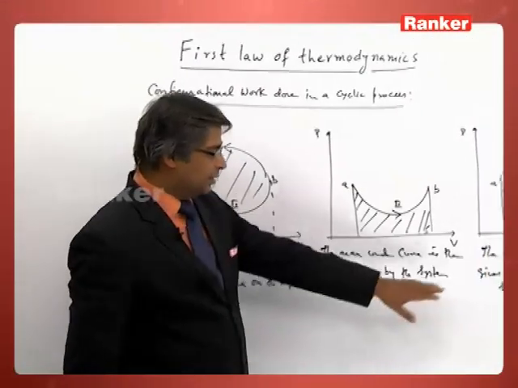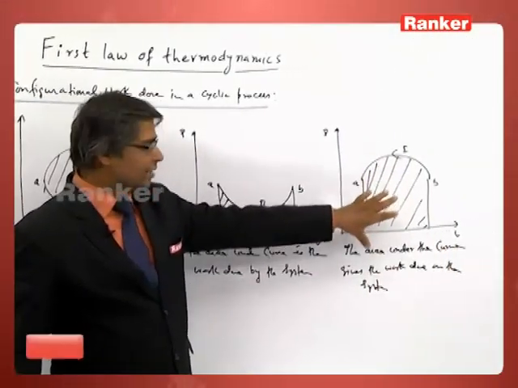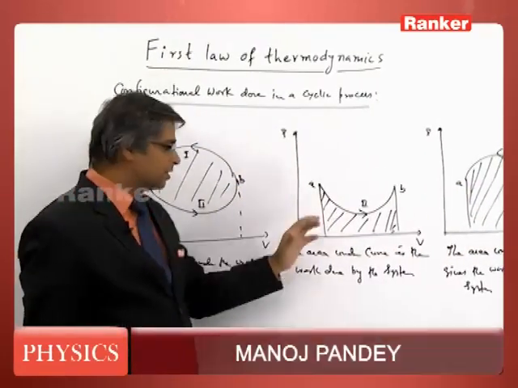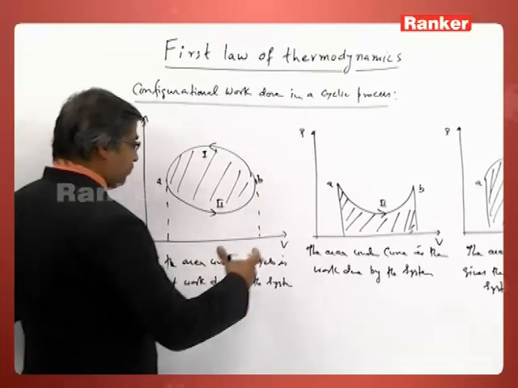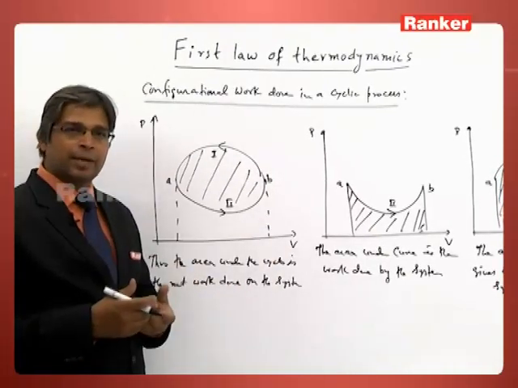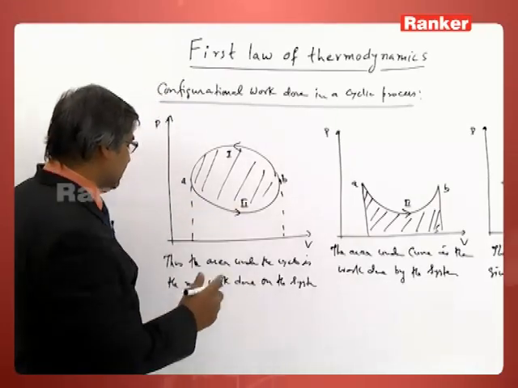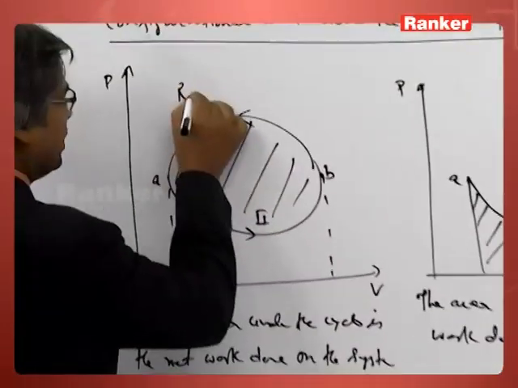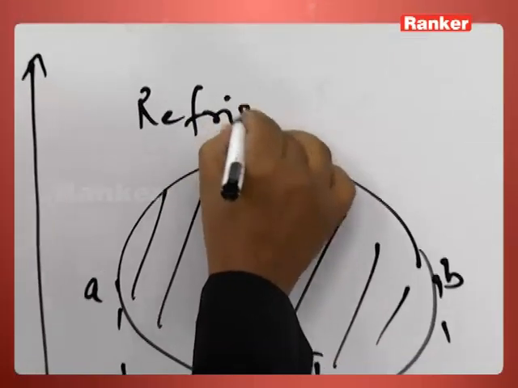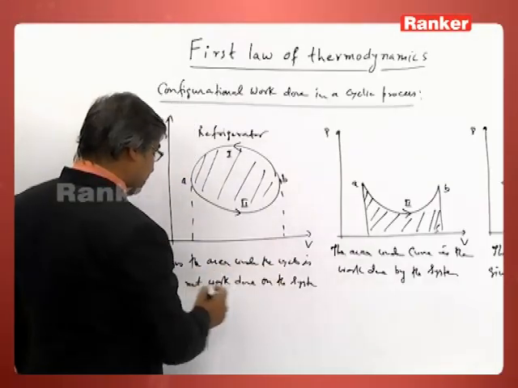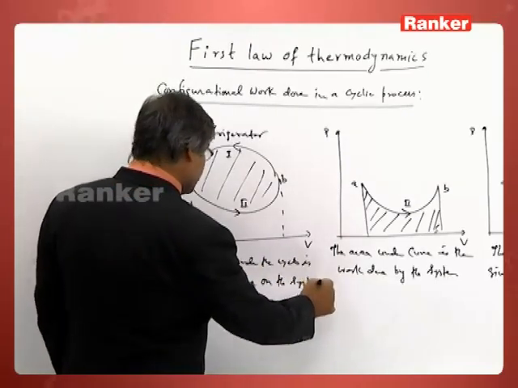So here the work done on the system is larger, so the net work is done on the system. If we have a machine on which we are doing some work, this machine is a refrigerator type. So the area under the curve is the net work done on the system.